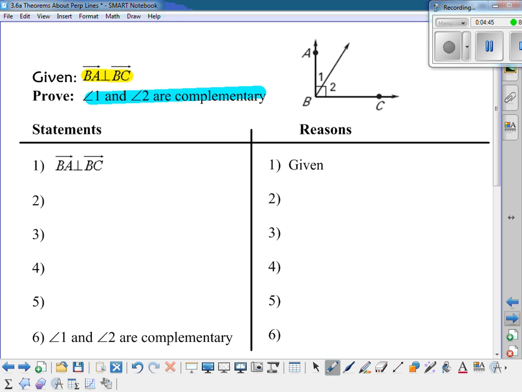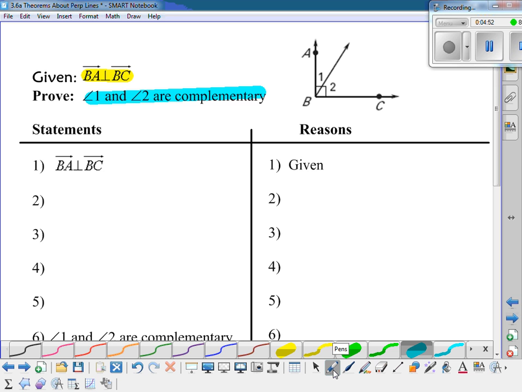All right, so we start off with BA is perpendicular to BC, and that was given to us. So if they're perpendicular, what does that mean about angle ABC? Well, it means that angle ABC is a right angle.